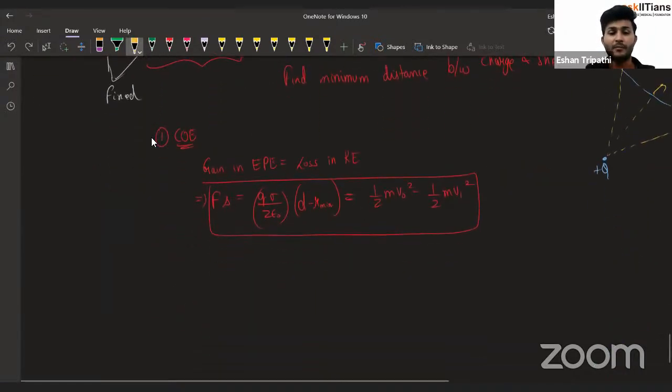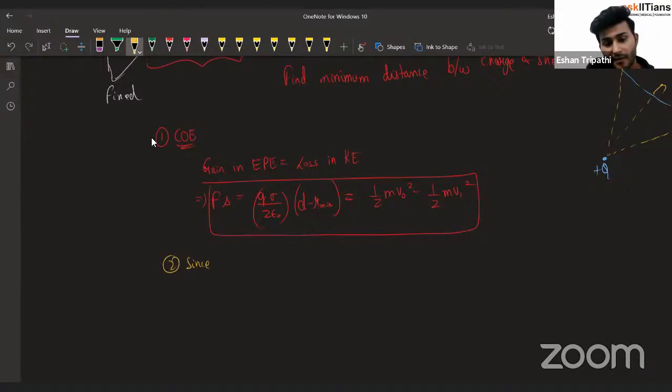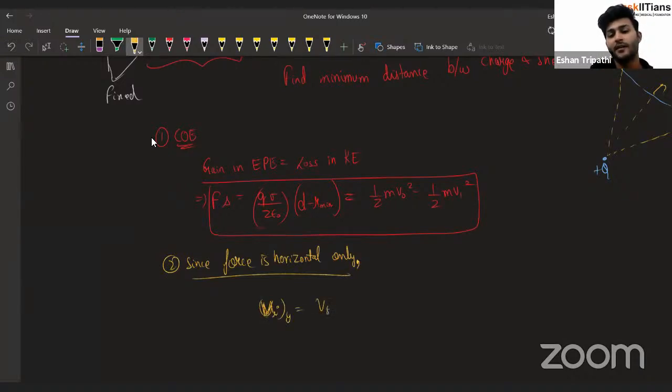So since force is horizontal only, we can say initial vertical component is equal to final vertical component. So initial vertical component was v0 sin theta, v0 at an angle theta. Finally, it is v1 only. So that's what we have got.